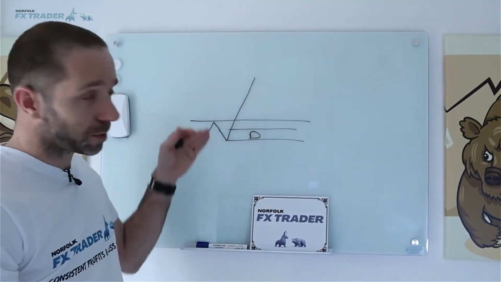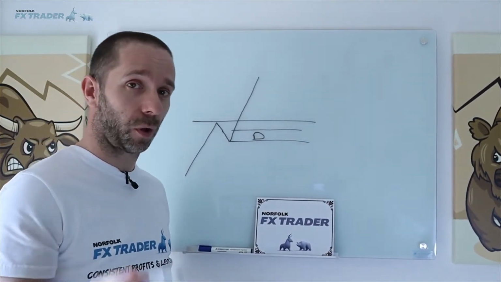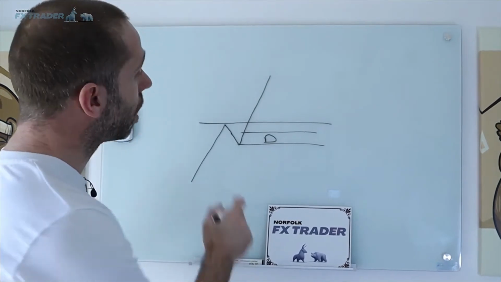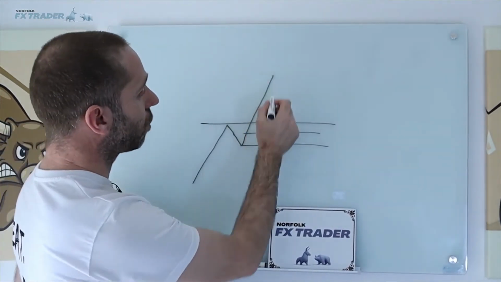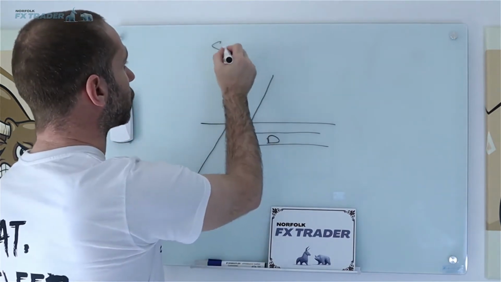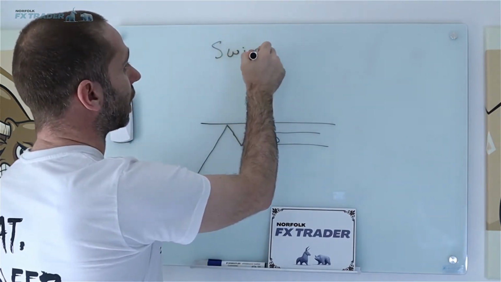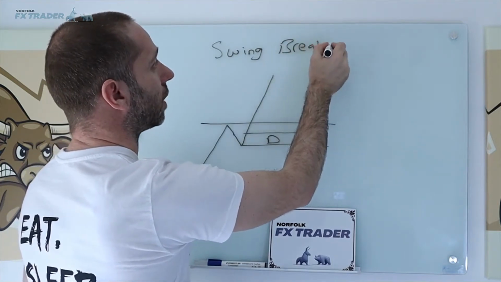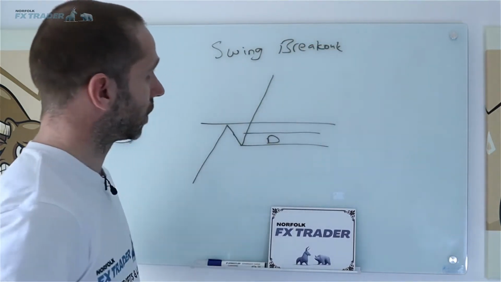Now the opposite would be true for an area of supply. I will do an example in a moment for that, as I have been asked in previous videos to show more examples with supply. So this is what I call the valid breakout. This is a swing breakout. This is a valid breakout to the upside on this occasion.